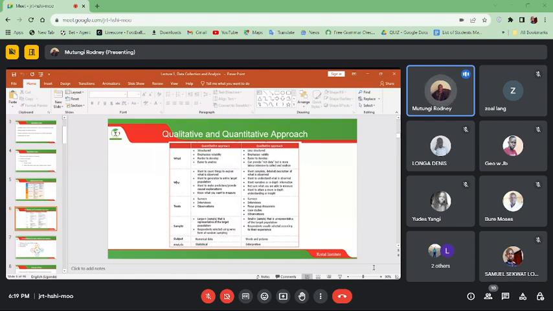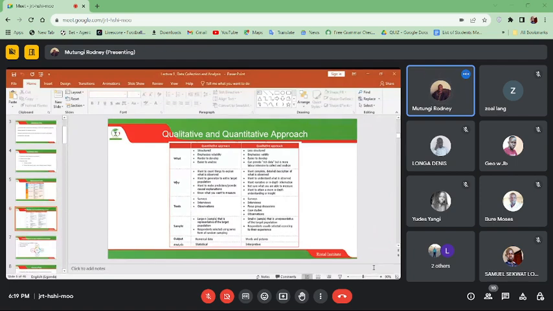But on the other hand, when it comes to analysis, quantitative is easier to analyze, as you are going to see with time, but qualitative is harder to analyze because it involves a lot of themes and sub themes which you have to bring here and there so that you can analyze correctly.